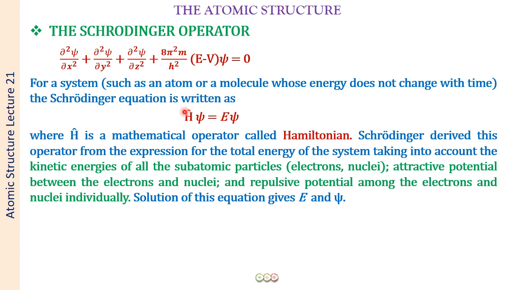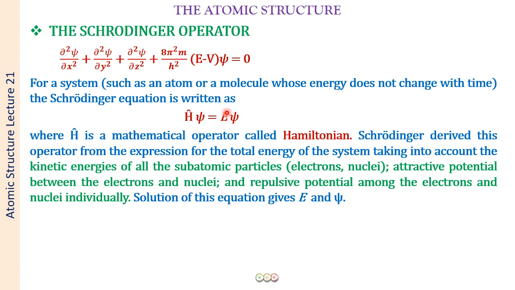Okay. Similarly, H with a cap on it is an operator. When you put in various values of psi, you get certain results in the form of the energy of this system, the energy of the electron.